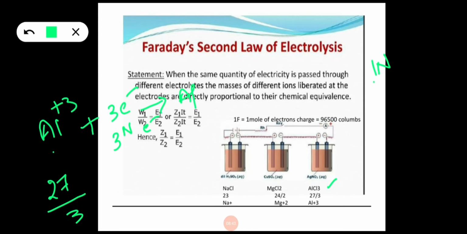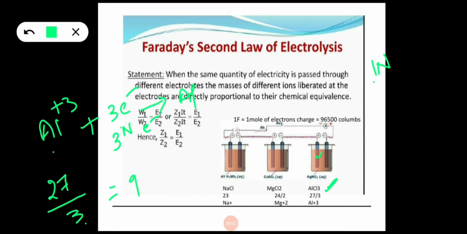Because each is taking 3 electrons, the total AlCl3 will not get deposited here. Atomic weight by valency, that is 27 by 3, is 9 grams. Only 9 grams of aluminum will be deposited here.